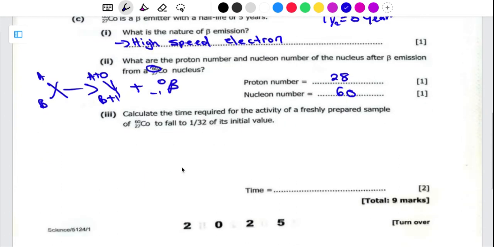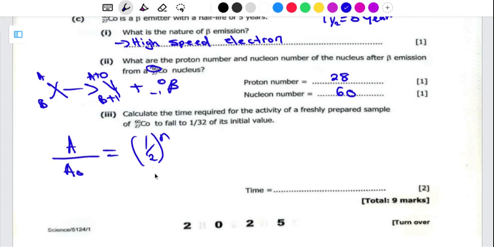The last one is saying calculate the time required for the activity of a freshly prepared sample of cobalt 60 to fall to 1/32 of its initial value. So for us to answer this one, you have to know the equation: the original mass divided by the initial mass is 1/2 to the power n, where n represents the number of half-lives.